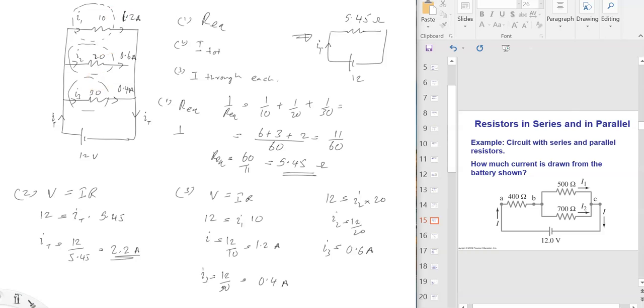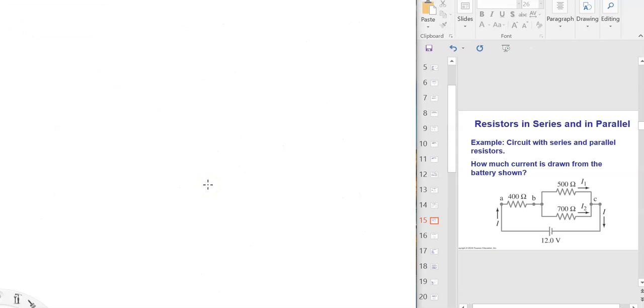Alright, so let me clear this and let's work on this example. You should do it first. How much current is drawn from the battery shown? Okay, so resistor and then two resistors over here.